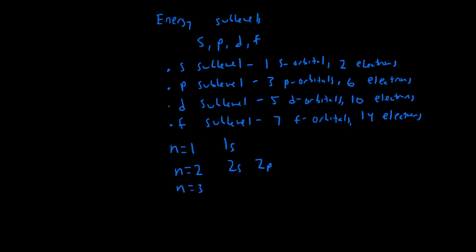For n equals 3, we have a 3s, a 3p, but we also have a 3d because starting from the third energy level, we have d orbitals. And then for n equals 4, the fourth energy level, we have 4s, 4p, 4d, and we have 4f as well. And we can keep going. N equals 5, 5s, 5p, 5d, 5f. And we can keep going on.